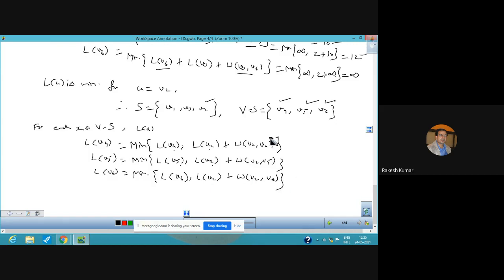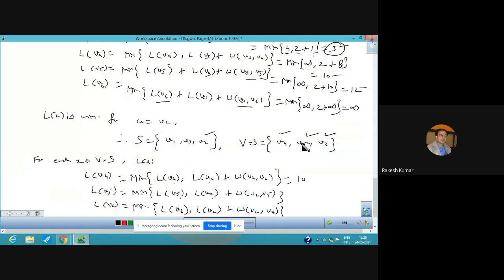So this is the step we have. Let us find out the values. L of V4 comes out to be 10. You just see, the previous step will be used for calculating the next step values. So L of V4 came out to be 10. So this value will be used here.